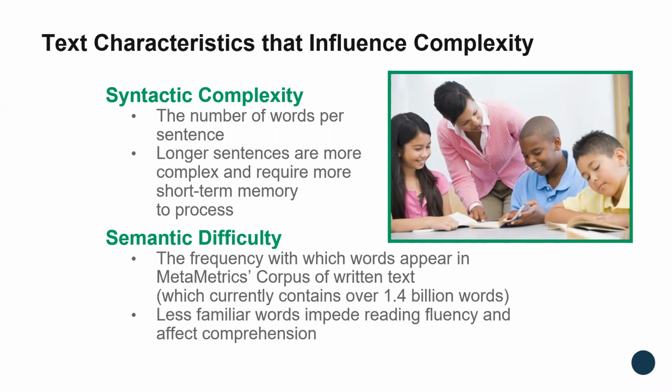Since our BR research was completed, we have exponentially grown our corpus of text, which now numbers almost 1.5 billion words that we are tracking at any given time. So when you see that Lexile measure on a text you are thinking of using with a group of students, we are simply telling you the number of words per sentence and the frequency with which these words currently operate in our English language.